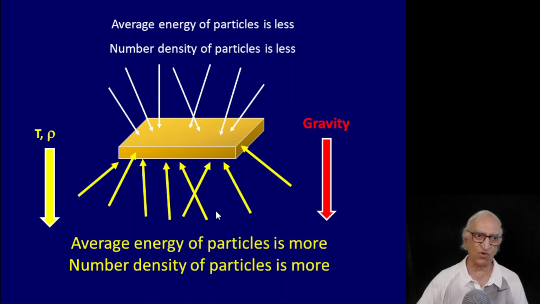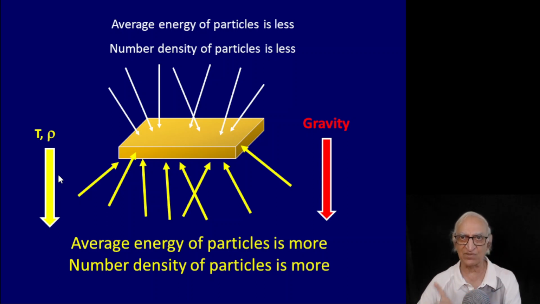Now, as we go in towards the star, the temperature as well as the density increases, and therefore the number of particles per unit volume below the slab will be greater, and because the temperature is more, their average energy, which is 3/2 kT, will also be more than this. And that I have indicated by thicker arrows and thinner arrows. So the slab is being bombarded from above and below, and there is a net pressure differential because of the temperature and density gradient. Remember, in Boyle's law, the pressure is proportional to the density as well as the temperature.